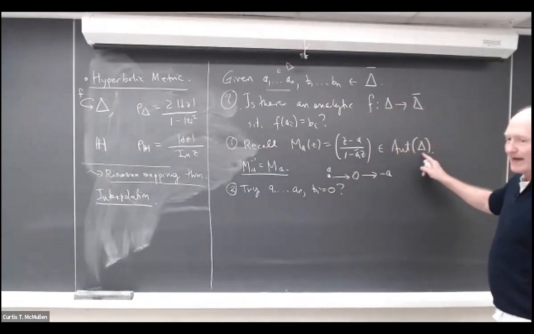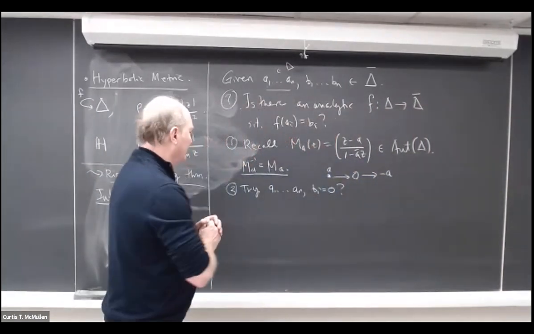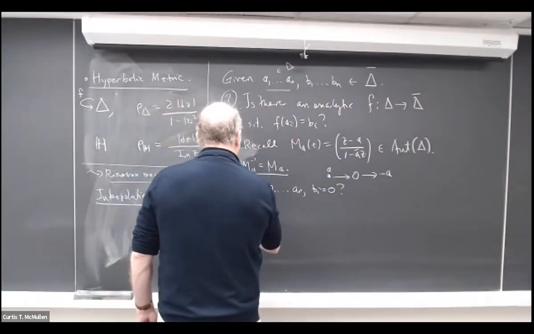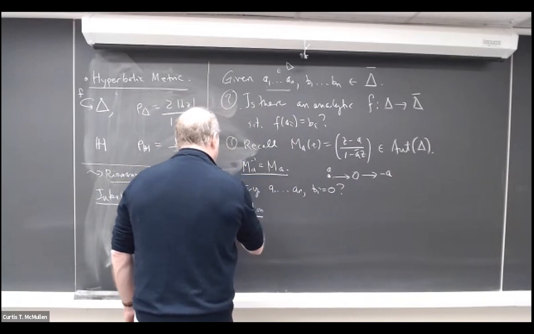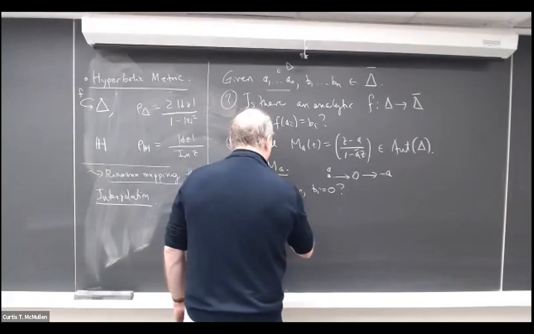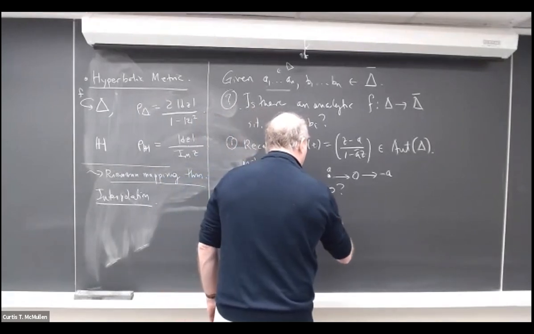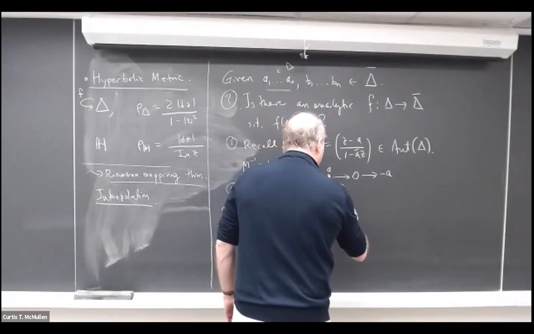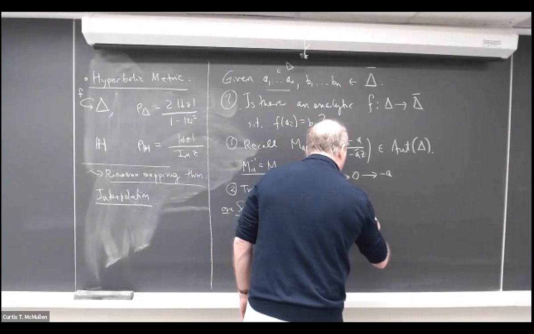And we can use the fact that the unit disk is a semigroup under multiplication. So one solution is to take what's called the Blaschke product B(z), which is just the product from 1 to n of (z - a_i)/(1 - a_i-bar z).